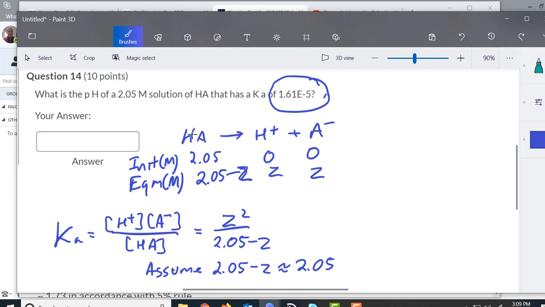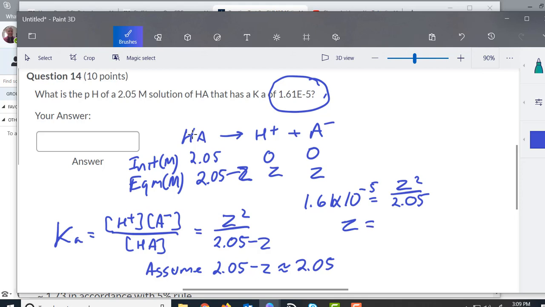So what I can say now is that the Ka value, which is 1.61 times 10 to the negative 5, equals Z squared over 2.05. So as you can see, we wouldn't be left with a quadratic equation to solve in this instance.